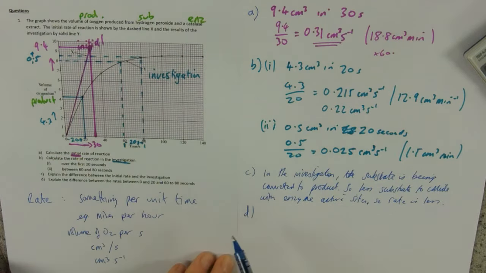D is explaining why the rate at 0 to 20 is different to 60 to 80. So I'm going to use a different colour here.